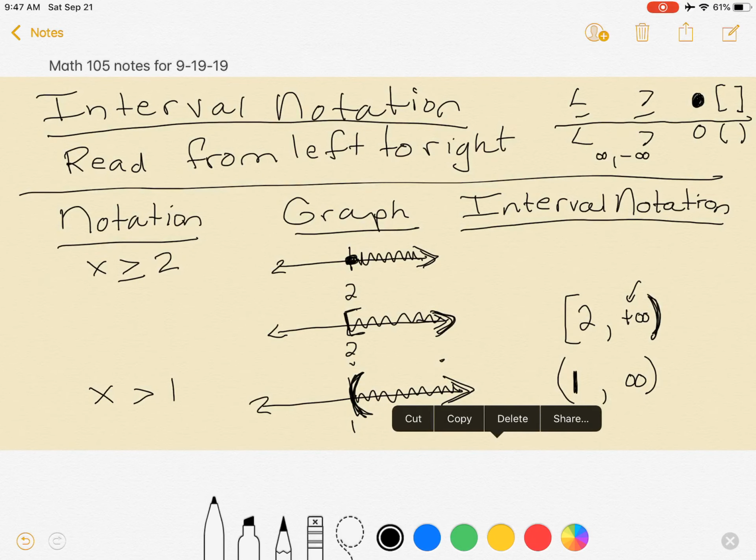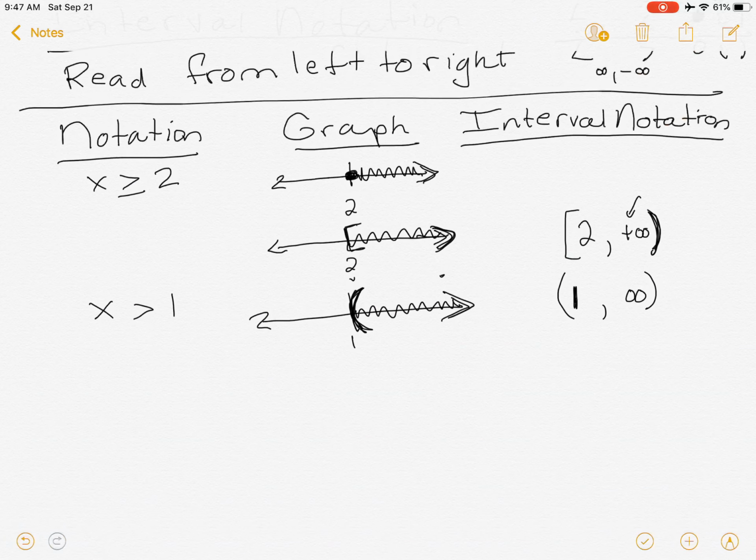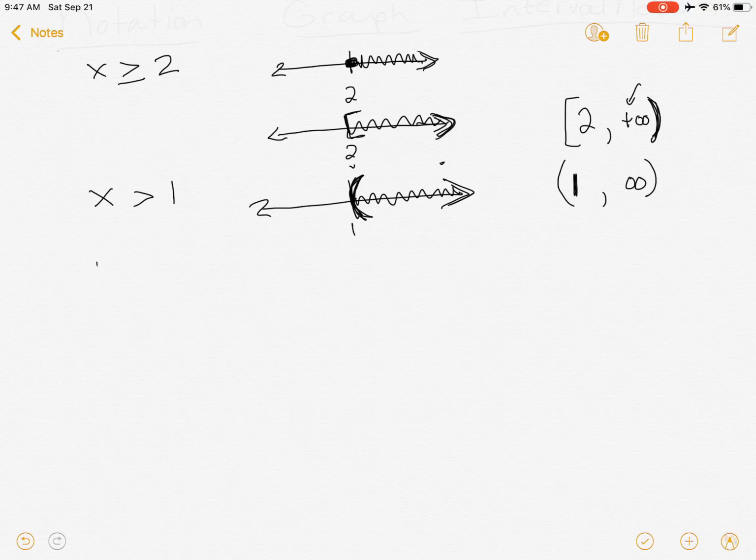Okay, let's do the less than. If I did less than or equal to 5, less than or equal to is to the left, but since it's less than or equal to, we're going to have a bracket. Okay?